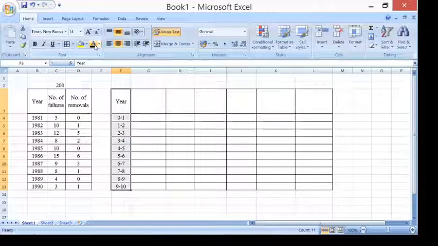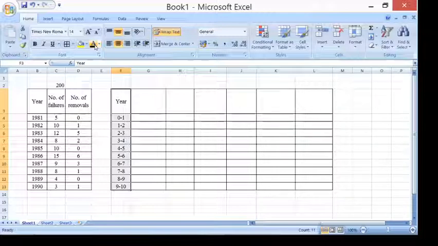So this entire period of 1st January 1981 to 31st December 1990 can be considered as the time range 0 to 10, and this range is divided year by year: 0 to 1, 1 to 2, up to 9 to 10. For this data, we are going to have estimates of the survival function at the nodal points.